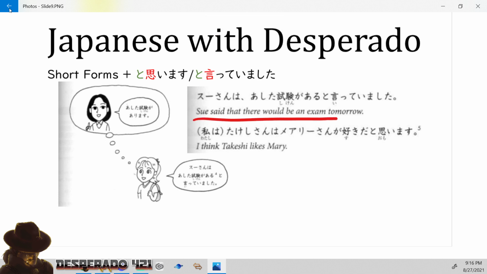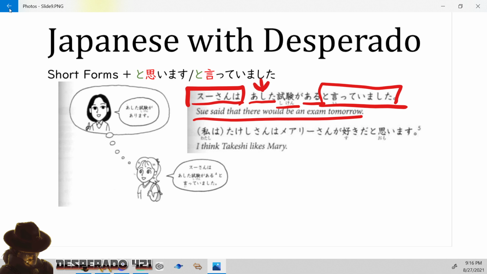So right here we have Susan said there would be an exam tomorrow. So Susan wa ashita shiken ga aru to iimashita.